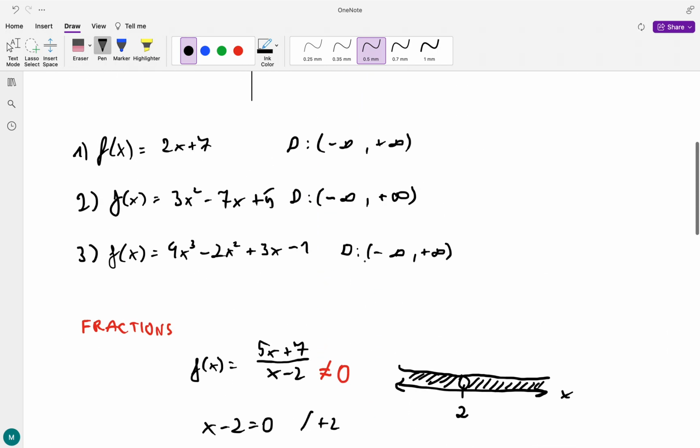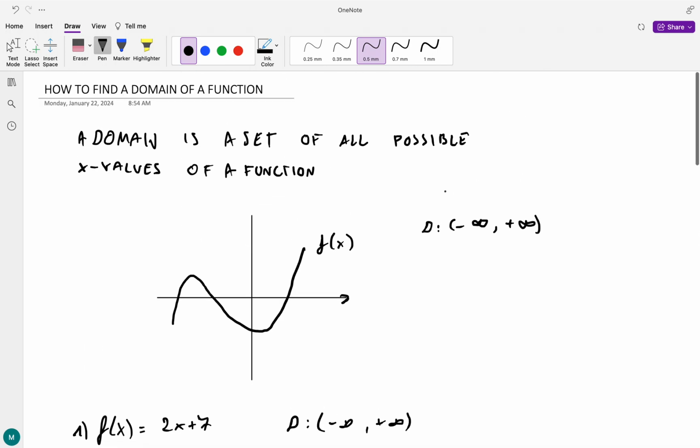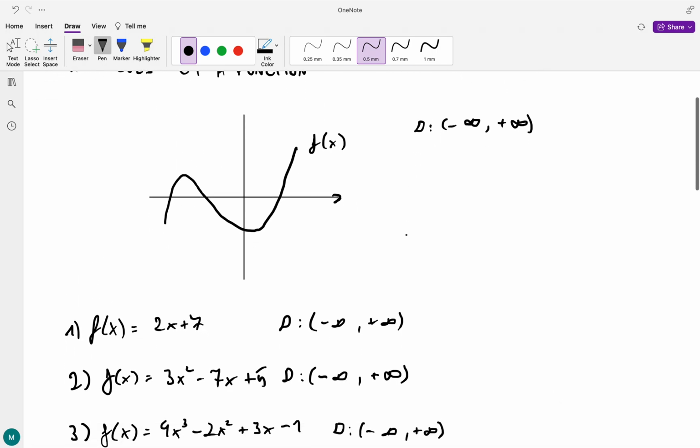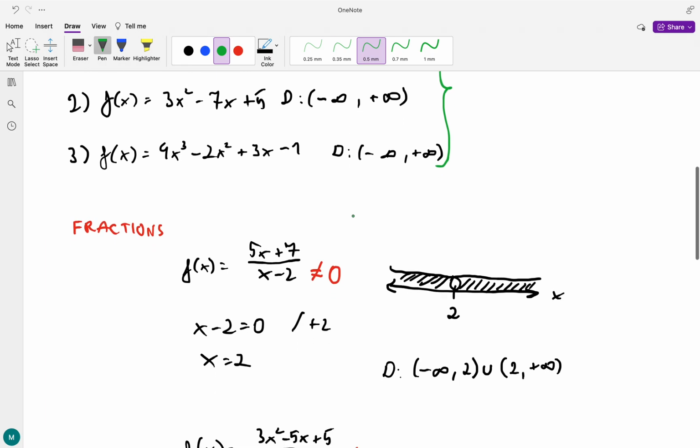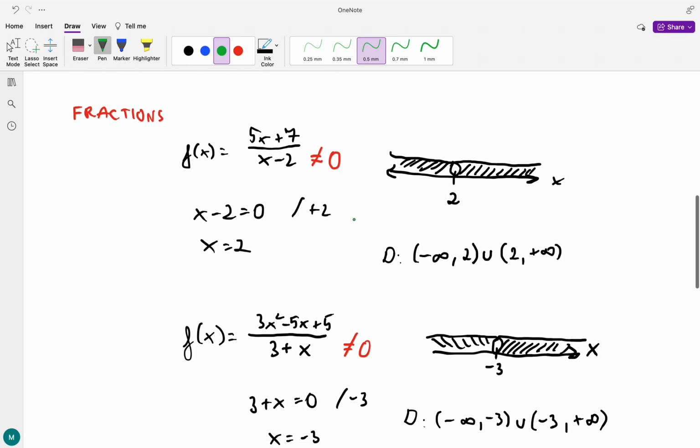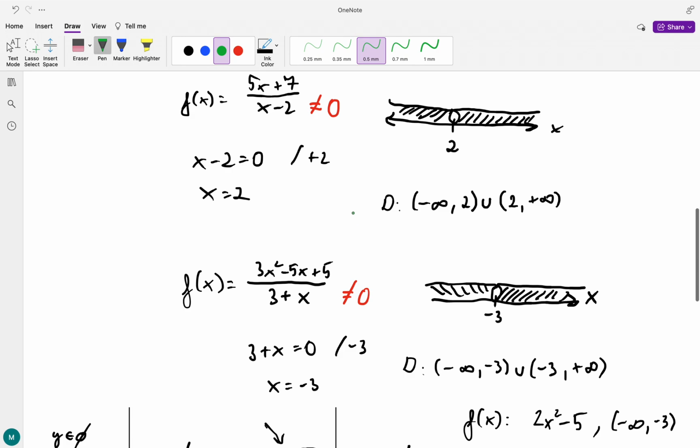Let's do a quick review. So whenever you have a rational function that does not include any fractions, like these three, your domain is going to be all real numbers. So from negative infinity to positive infinity. When you start seeing fractions within your function, then you have to remember that the bottom of the fraction, the denominator, cannot be equal to 0.